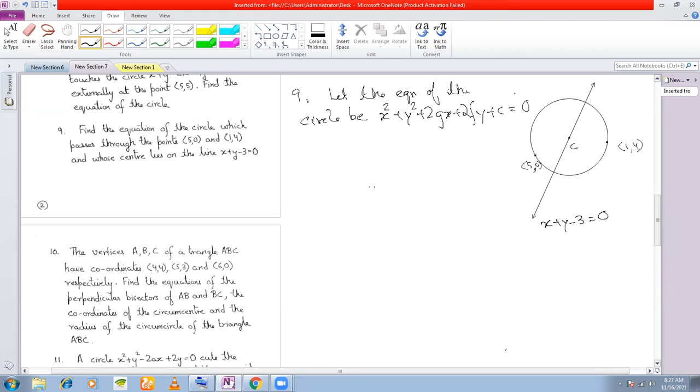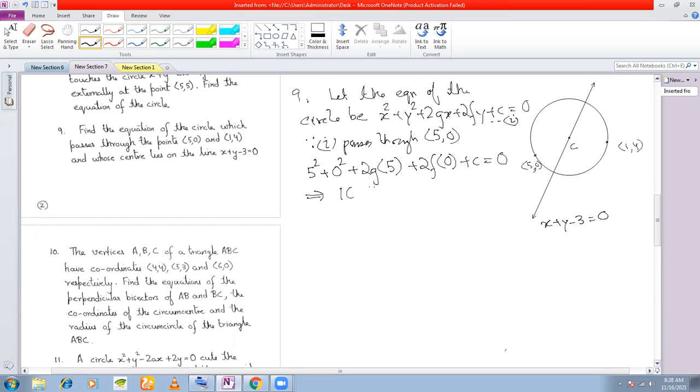Okay. Now, since 2 points are given, let's call this equation 1. Since 1 passes through 5, 0, therefore you have 5 square plus 0 square plus 2g into 5 plus 2f into 0 plus c is equal to 0.